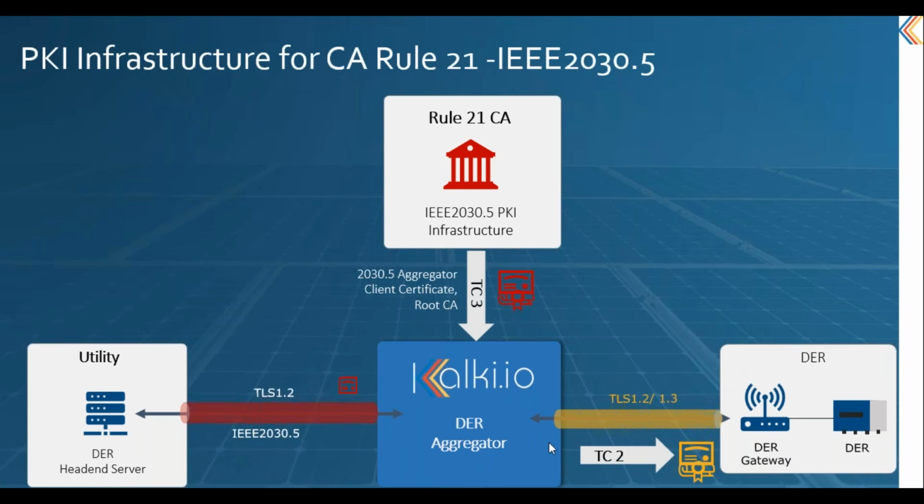You can also use the utilities' private PKI to connect with the DERs and the aggregator as well. So this is an option which can be enabled on request to establish the secure connection on the downstream.